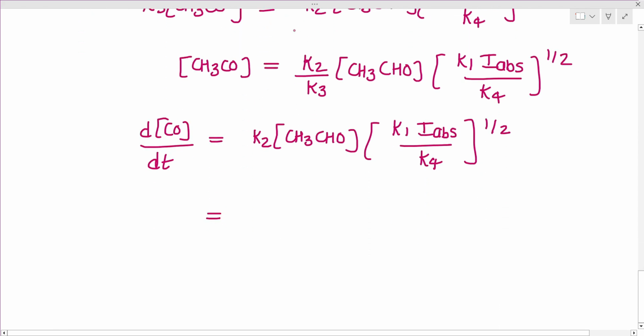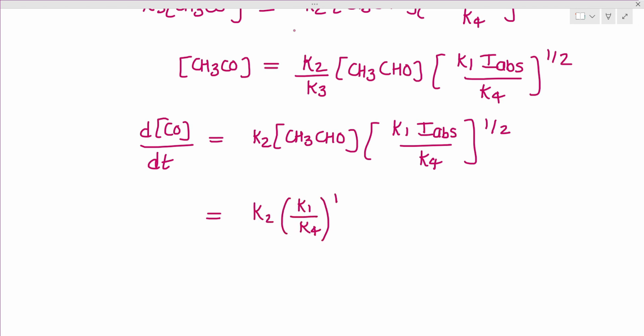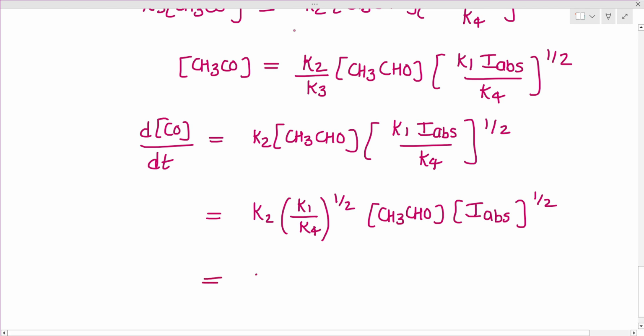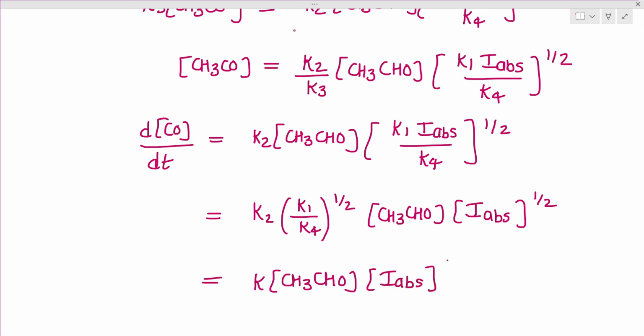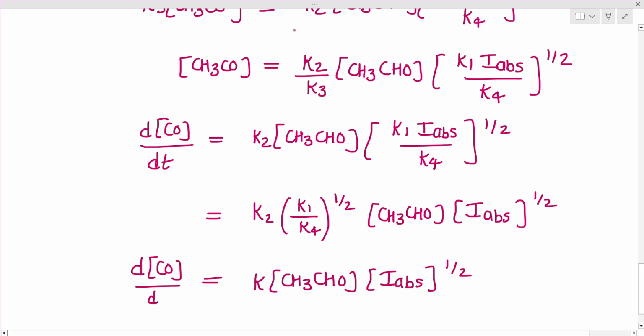So you can write k2 k1 upon k4 to power half, and you can write [CH3CHO] then I absorbed to power half. Okay, or you can write one term of all these constants. You can write this is a constant, that is k. So you can write k [CH3CHO] I absorbed to power half. Okay, this is the value of d[CO]/dt.